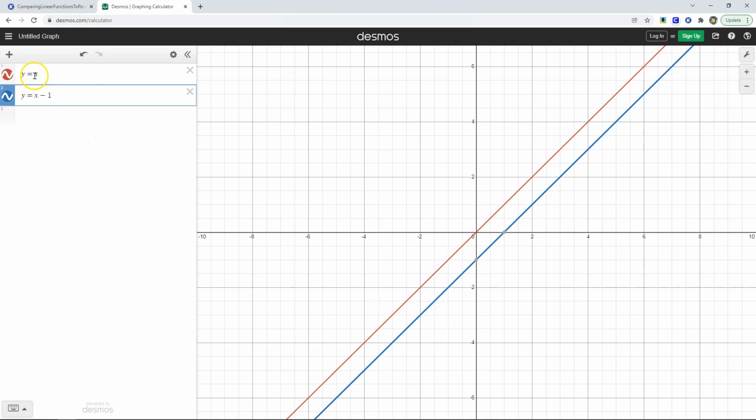And we should be able to see that in the equations themselves. Notice there's no coefficient on x, so that means that my slope is 1, or 1/1. But this time I have a y-intercept of negative 1, crosses the y-axis at negative 1. So the slopes are equally steep, they're parallel to each other, and it crosses the y-axis at a lower point.